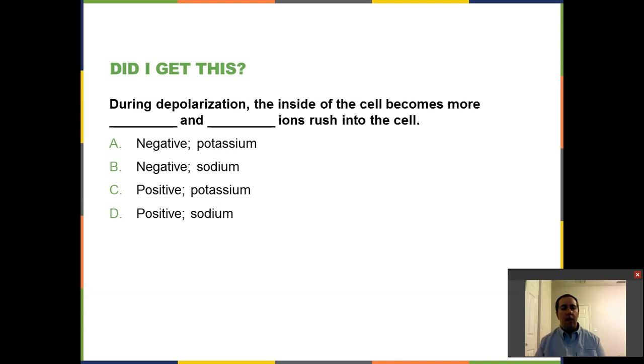Yes. So it's D. Sorry, I don't know if I heard B, but you might have said D. The correct answer is D as in dog. The cell is becoming more positive as it goes up the curve, and it is sodium that is coming into the cell.